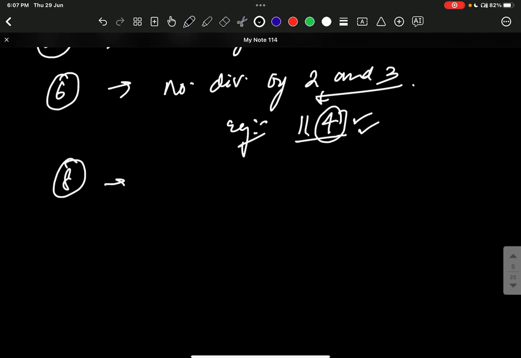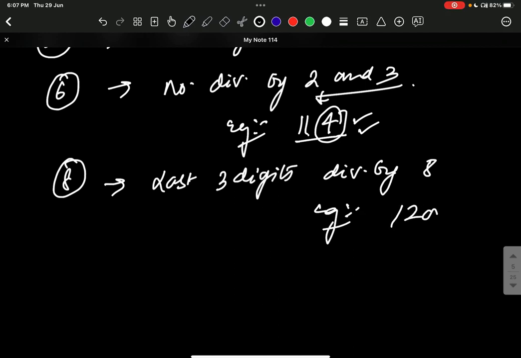Next, for 8, the number formed by the last 3 digits should be divisible by 8. Take the example 1200. Here 200 is divisible by 8, so 1200 is also divisible by 8. Then the number 9.